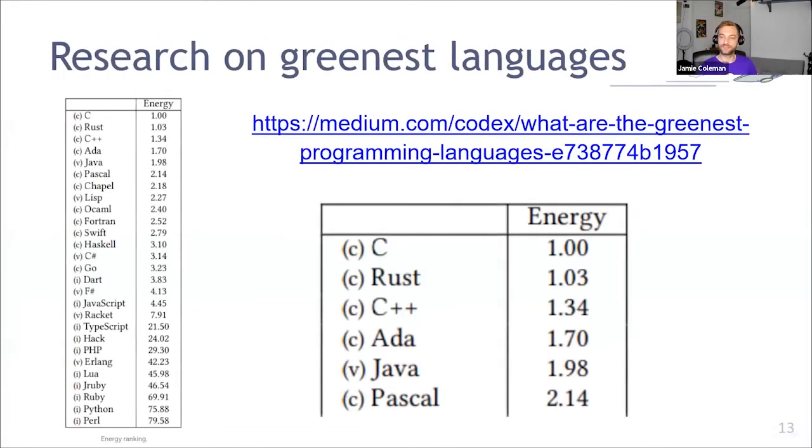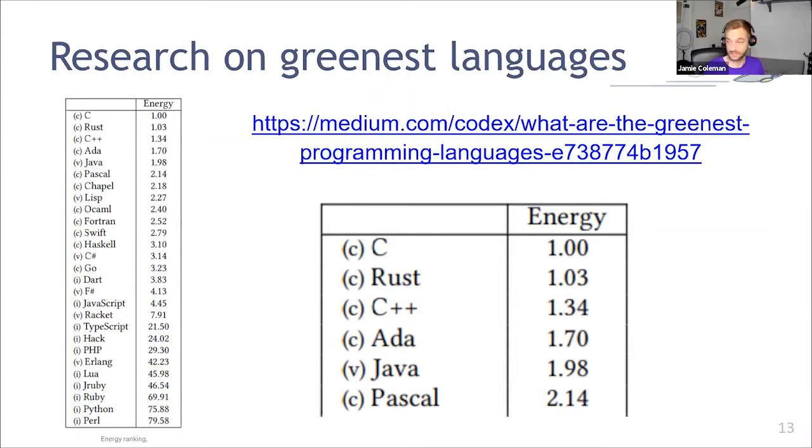So I came across this article on LinkedIn not long ago, which was really great because I'm very big into efficiency and trying to drive companies to make the most efficient applications. This research looked at all the different languages and rated them with regard to their energy consumption.